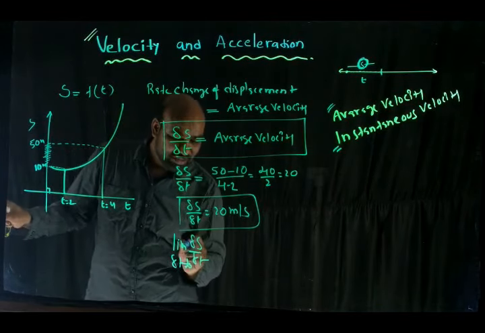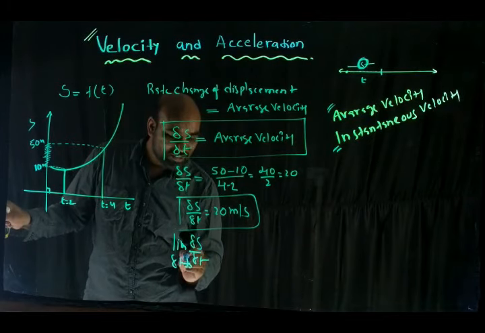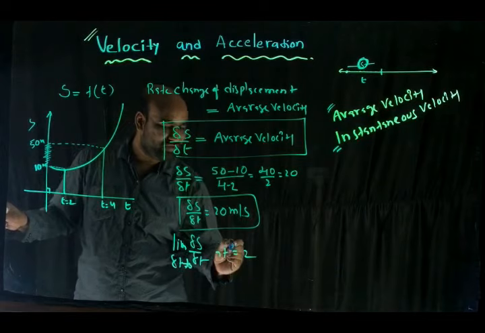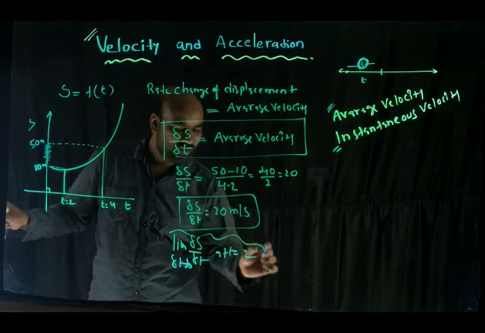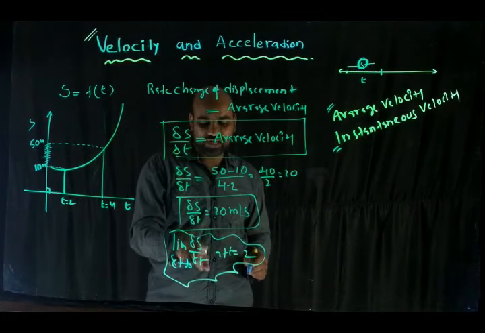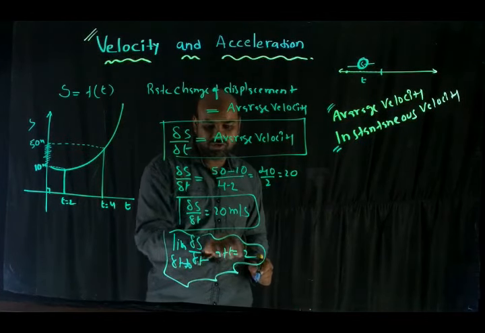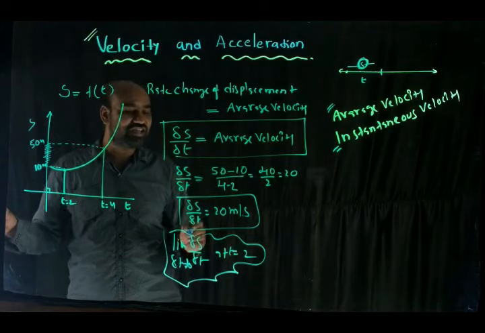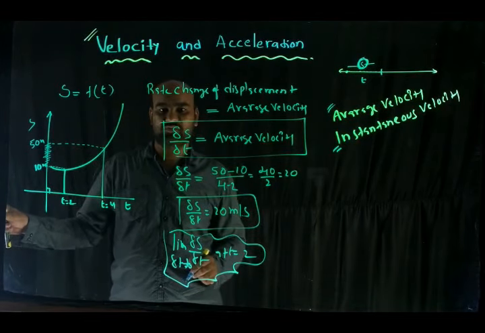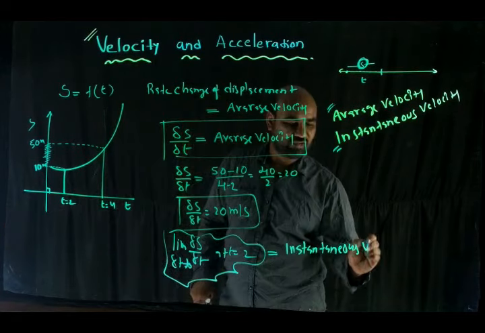The limit of delta s by delta t as delta t tends to 0 at t equal to 2 means the instantaneous rate of change of displacement when time is equal to 2. This is actually called velocity.